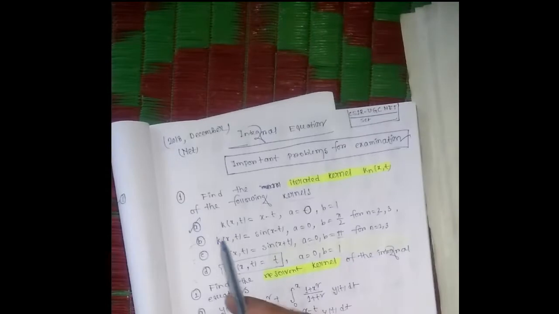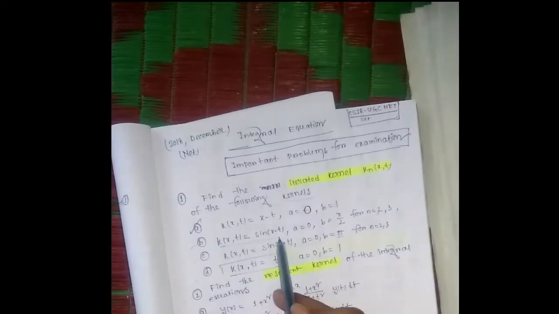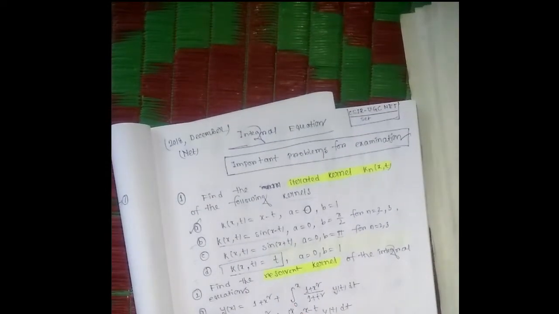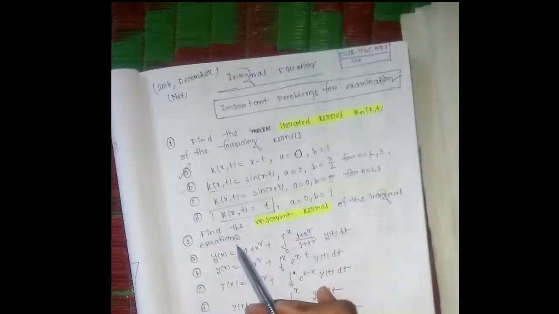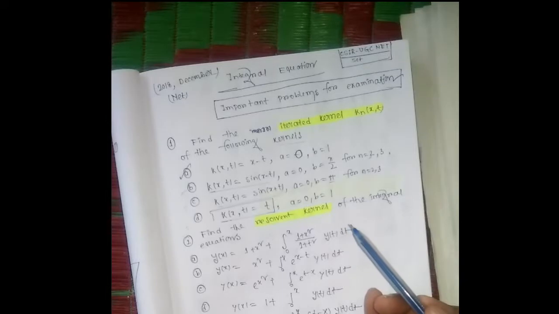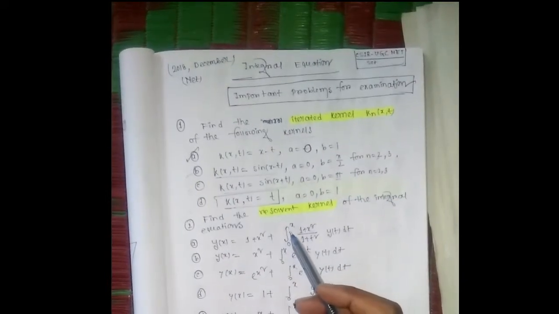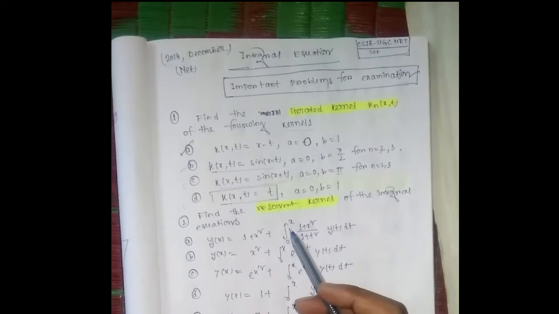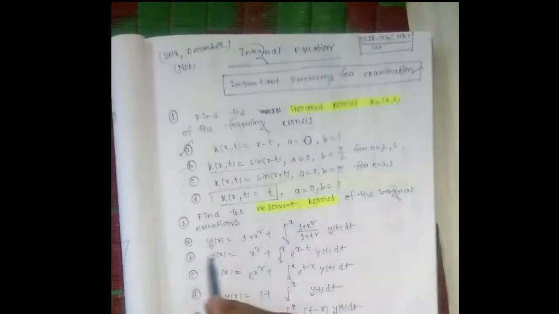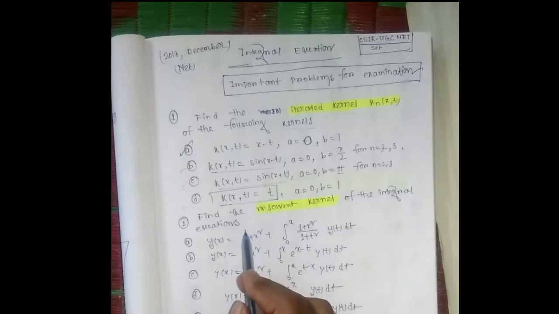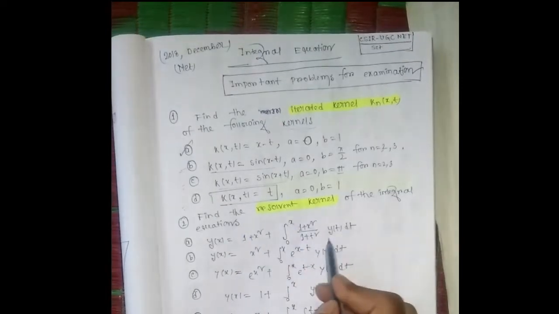Next, you can try the b and the c. Now our next problem is to find the resolvent kernels of the integral equations. So first, y(x) equals f(x) plus the integral of k(x,t) y(t) dt.